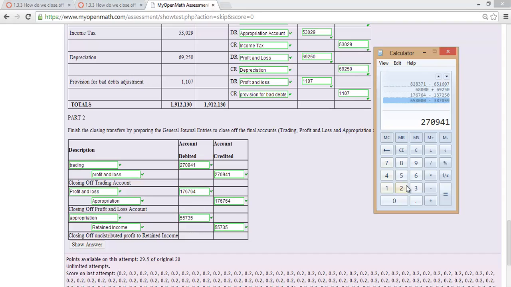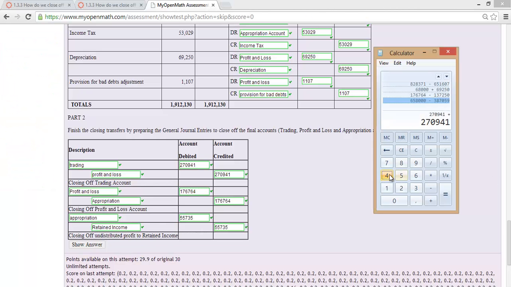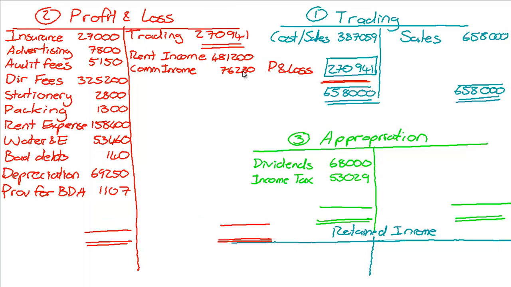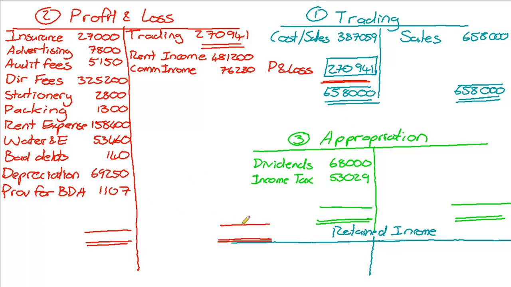Right, let's grab a calculator here. 270,941 plus 481,200 plus this 76,230, and that gives me 828,371.